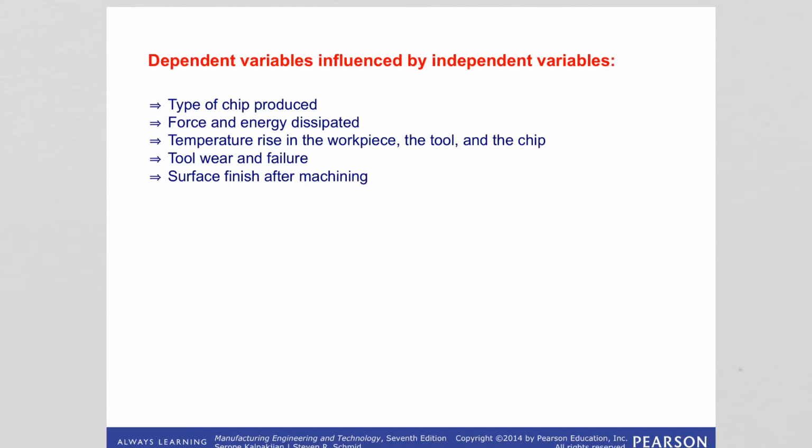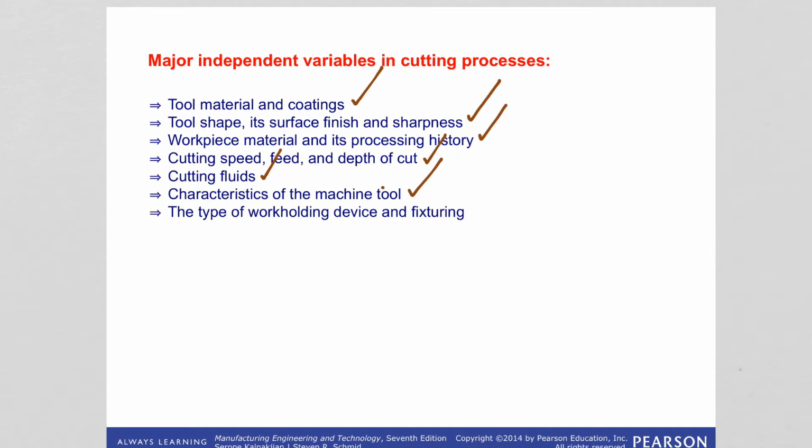So these will depend on the independent variables. For example, tool wear and failure will depend on the tool material, coatings, tool shape, surface finish. It will also depend on workpiece material, its processing history, and cutting fluids, nearly all of them.